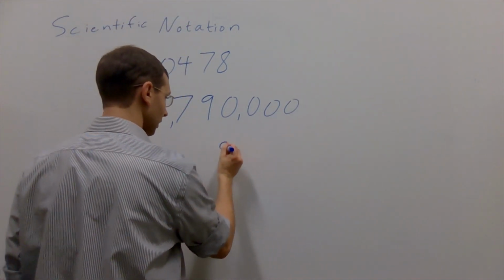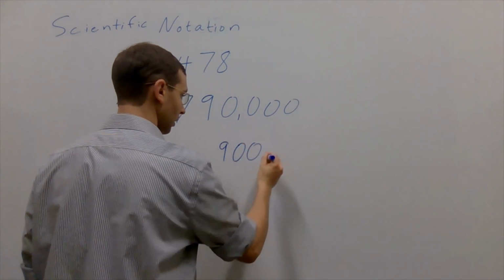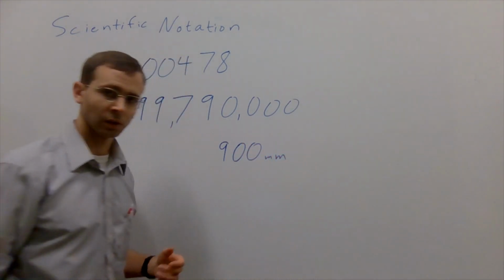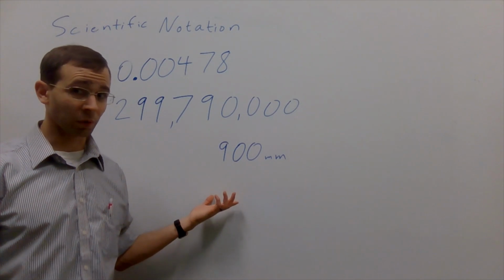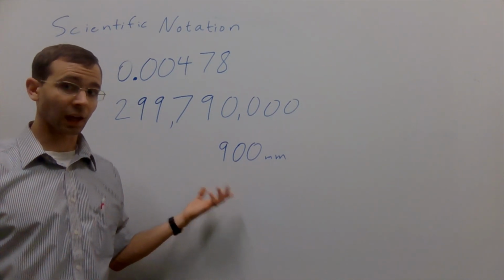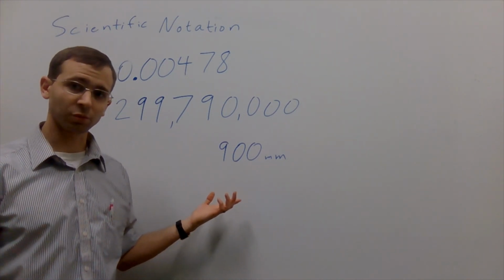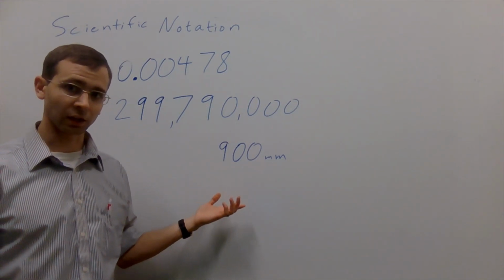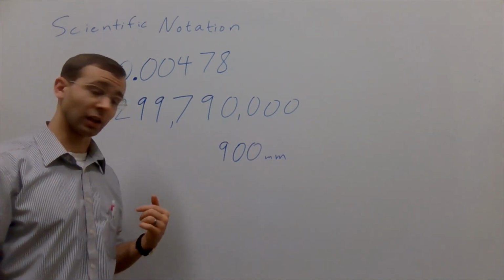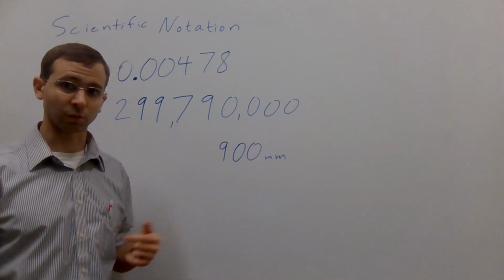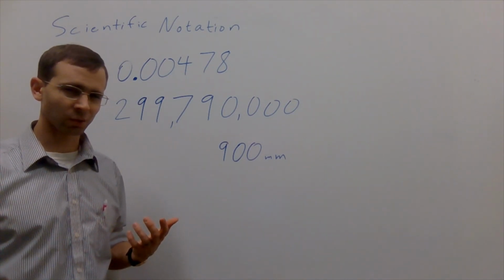Well, if I write 900, normally we would mean one significant figure by this, and yet I've carefully measured, and I'm pretty sure it's closer to 900 than it is to 899 or 901. How do I show that?